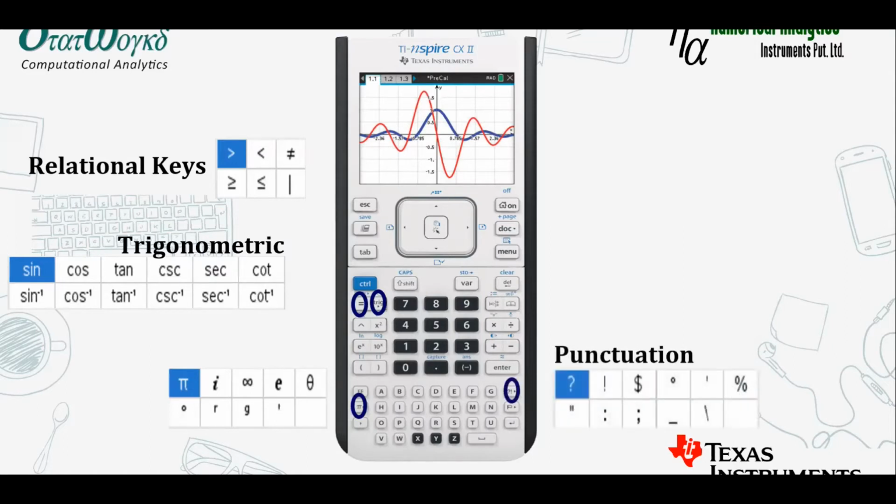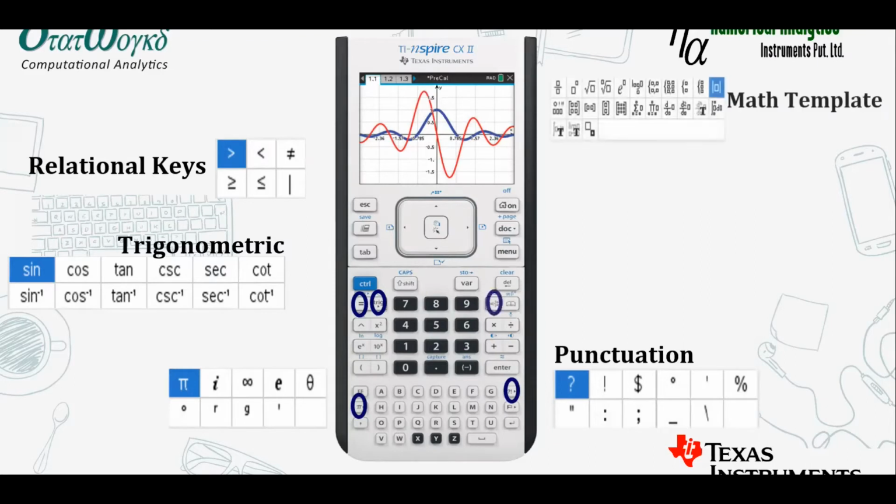Here you have the punctuation key, where all the punctuation marks are there. Then beside the number 9, you have this very important key known as the math template key, where you can see all the mathematical templates like the matrices, sigma, summation, integration, differentiation, logarithms, and everything.